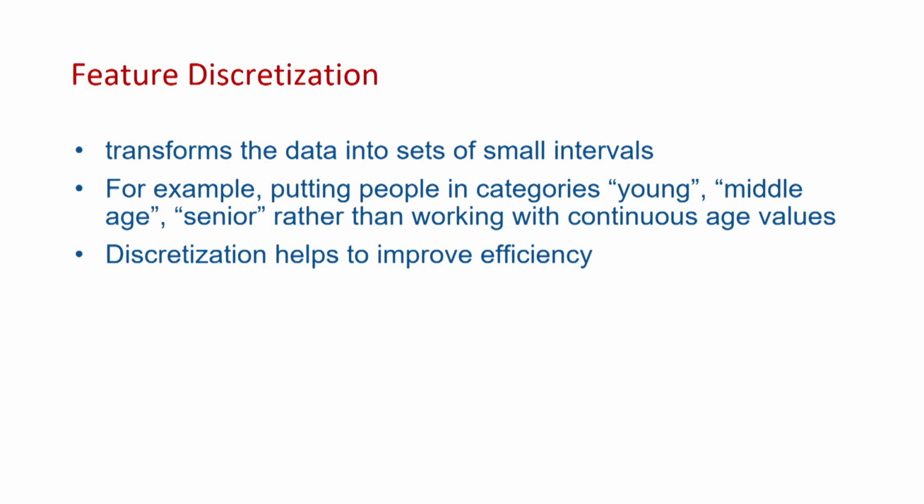The next step is feature discretization. Sometimes we have features that have continuous values, and it may be helpful if we convert those continuous values into discrete values. For example, if we have age as a feature in our data set, generally that age will be in terms of number of years, or years and months, and so on.